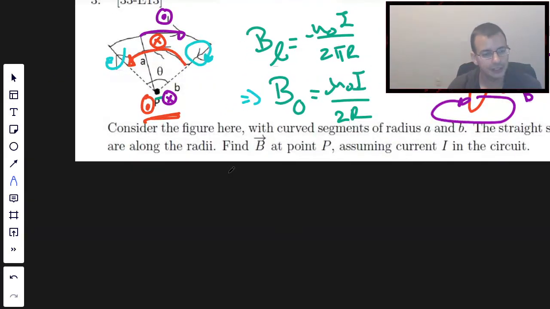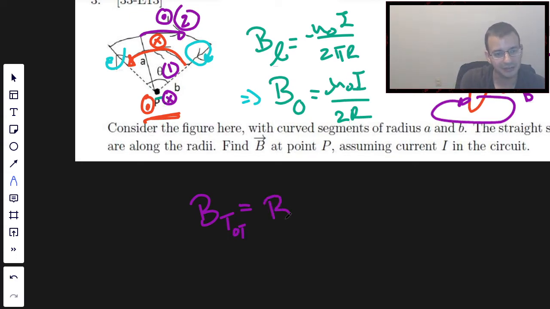Okay, so first thing we want to think of is which is going to be bigger. I'm going to call the bottom one 1, top one 2, and the magnetic field total at point P I'm going to say is magnetic field 1 minus magnetic field 2. The reason I say that is because 1, the orange, is going to dominate over the purple because it's closer. They have the same current.